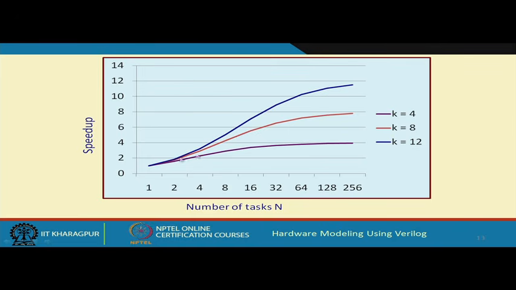For k equal to 4, your speed up increases, but it levels to 4. So, as n increases, it goes approximately to 4. For k equal to 8, it approaches 8. For k equal to 12, it approaches 12. So, this k is the maximum speed up that can be attained in a pipeline.